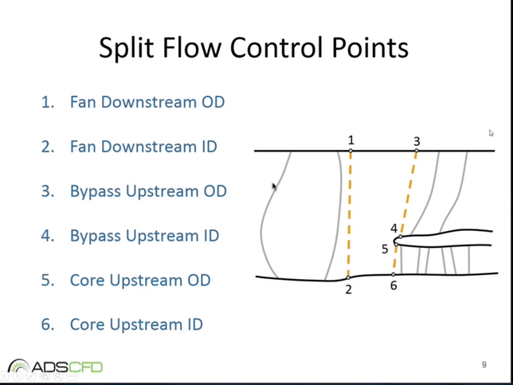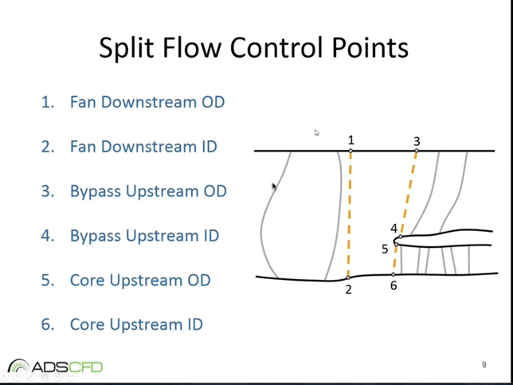So the other thing that we have to define is the split flow control points. And this tells the mesher where the interface between the split flow and the adjacent rows is going to occur. And again, these locations should be consistent between the meshes that we generate in the beginning for the fan, the bypass, and the core, as well as what we tell the split flow meshing process later on.